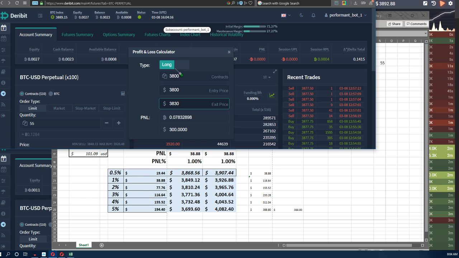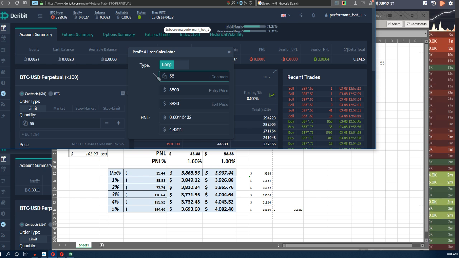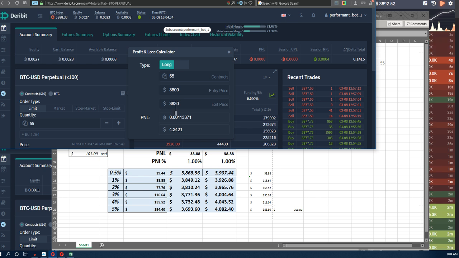We're long. I'm sorry, entry price. Oh, contracts. So my contracts have to be 50. Let's just say 55. All right, boom. This $30 move is giving us $4.34.